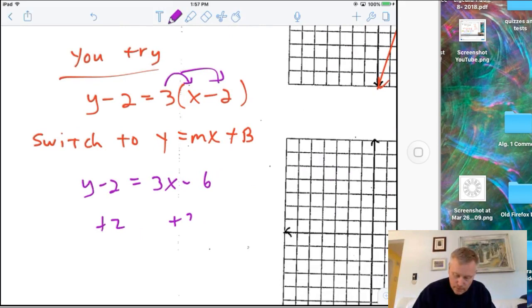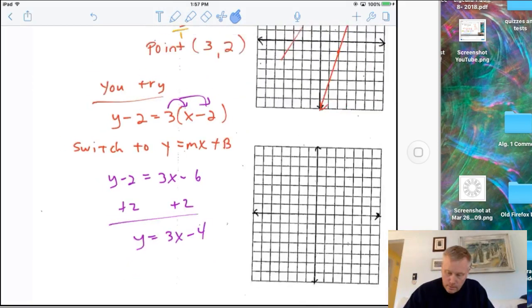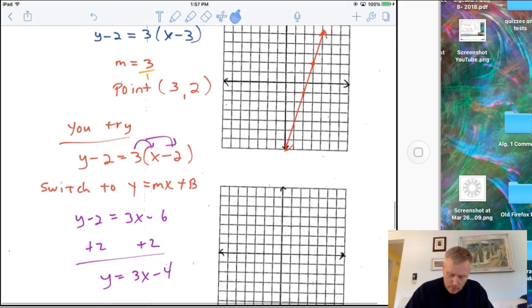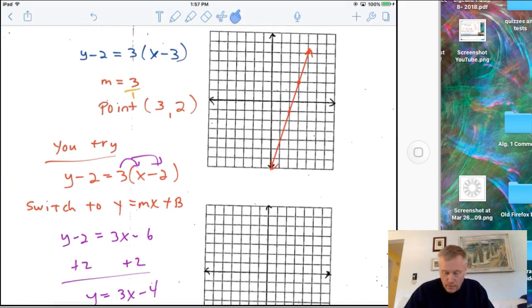Add 2. You get y equals 3x minus 4, which should be what you got up there.